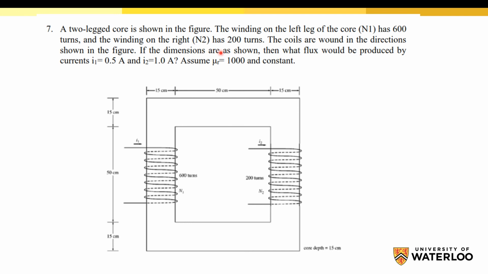If the dimensions are as shown, then what flux would be produced by currents I1 equal to 0.5, I1 is passing through coil 1, and I2 equal to 1 amp, and this current is passing through coil 2. Assume relative permeability of 1000.